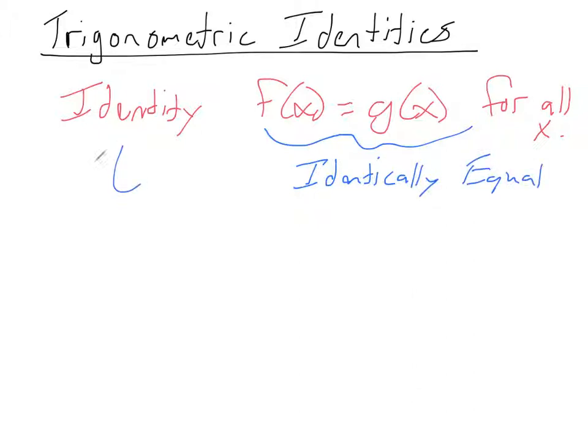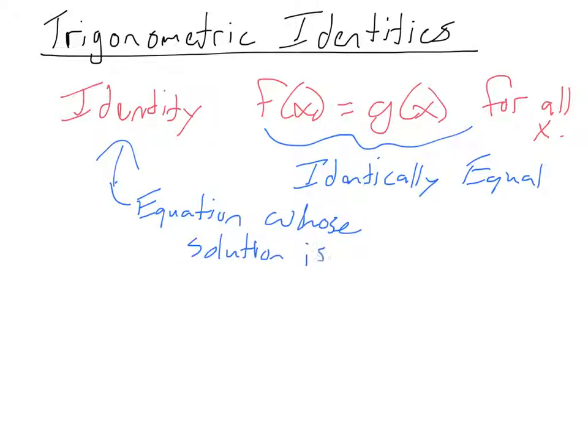So in layman's terms, the way I like to think about it, because it's a little more straightforward, is just to say that an identity is an equation whose solution is all real numbers.